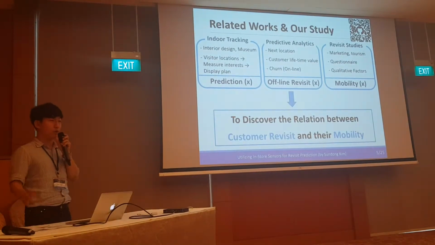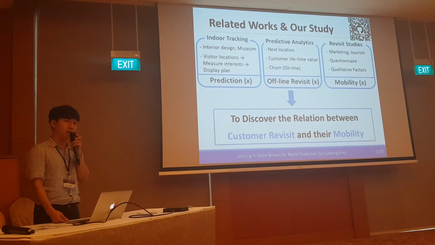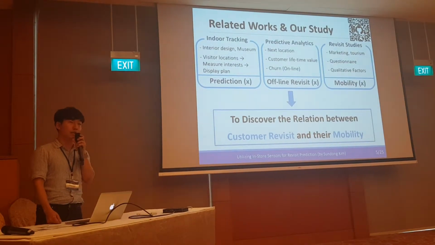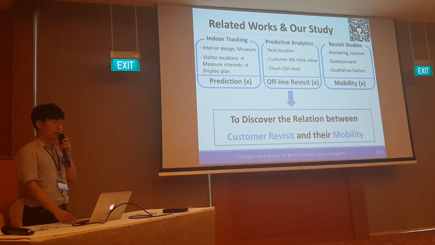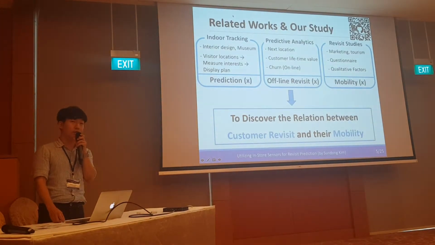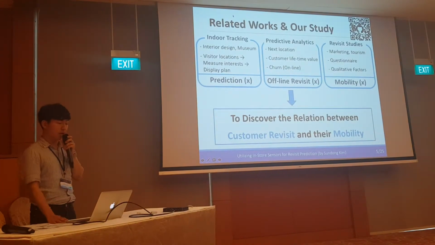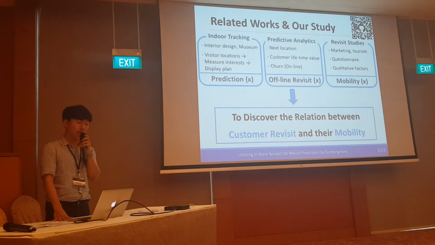So next, we searched the data mining communities doing predictive analytics. The most popular research topic is next location prediction, like POI prediction. And in last year's KDD, you can find customer lifetime value prediction in Amazon or online purchasing communities. The third topic is churn analysis.